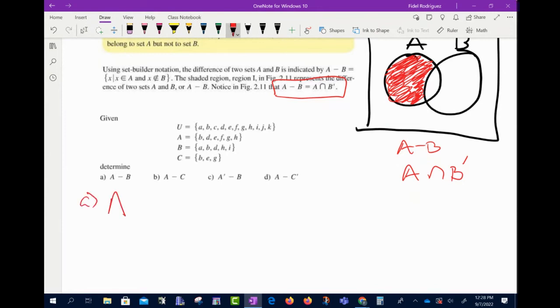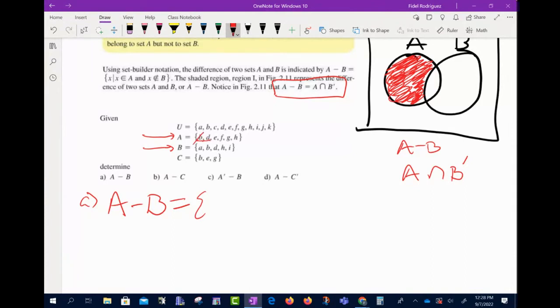So when I do part A, it says, let's take A minus B. What A minus B says is I'm going to list all the numbers that are in A except those that also happen to be in B. So the way I'm going to do this, y'all, I'm just going to go one at a time. Is the little letter B also in the set B? Yeah, it is, right? So I don't want to use that one. What about the little letter D?